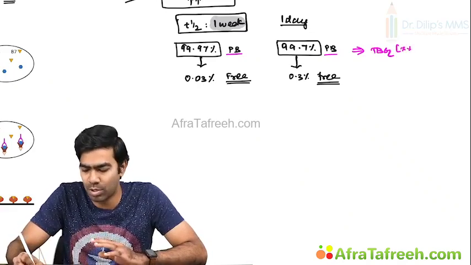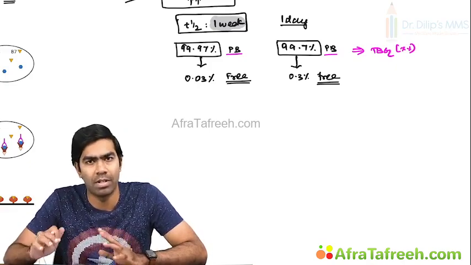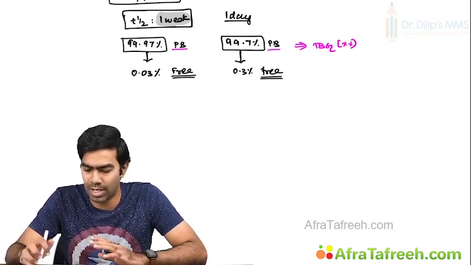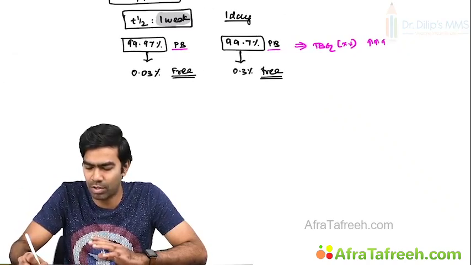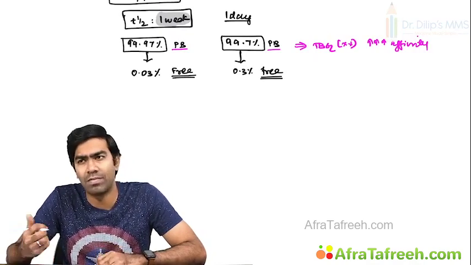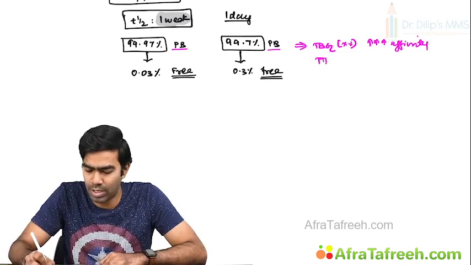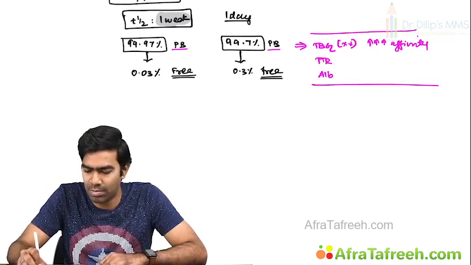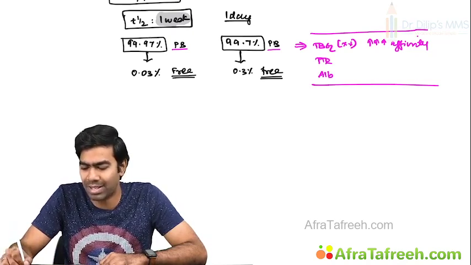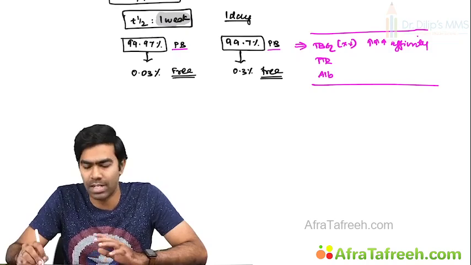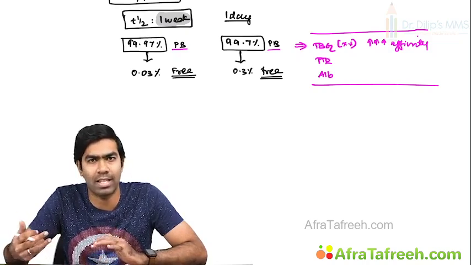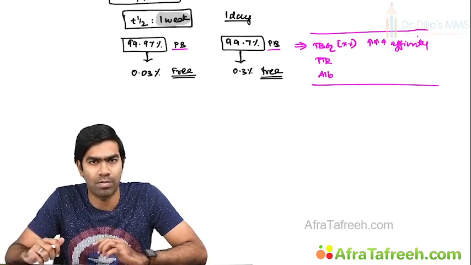This is the most important, and maximum binding will happen with this TBG only, because this is the one that has the maximum affinity for thyroid hormones. And second one, we have a type of protein called TTR, that's called a transthyretin, and third one we have albumin also. Albumin is the one that has the least affinity, but the capacity wise albumin is the maximum. TTR, we know it's the protein that carries thyroid hormones in the cerebrospinal fluid and into the brain.